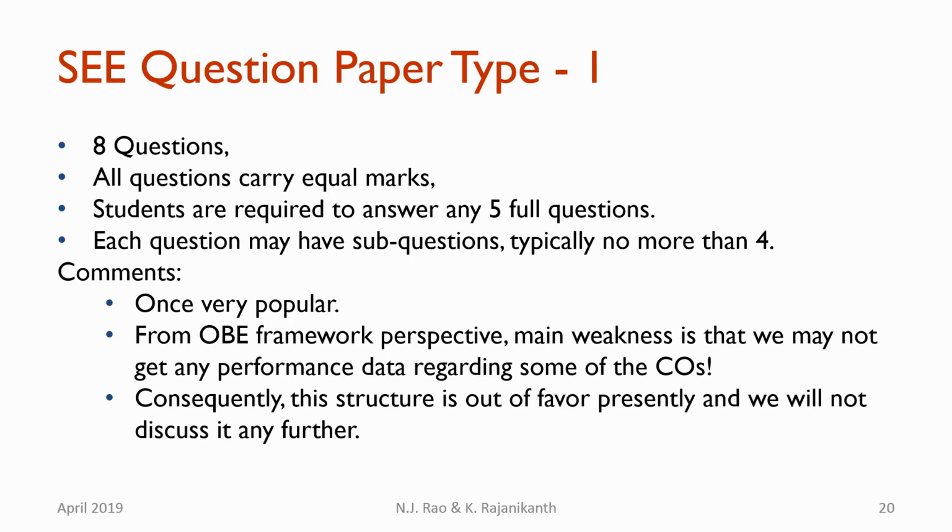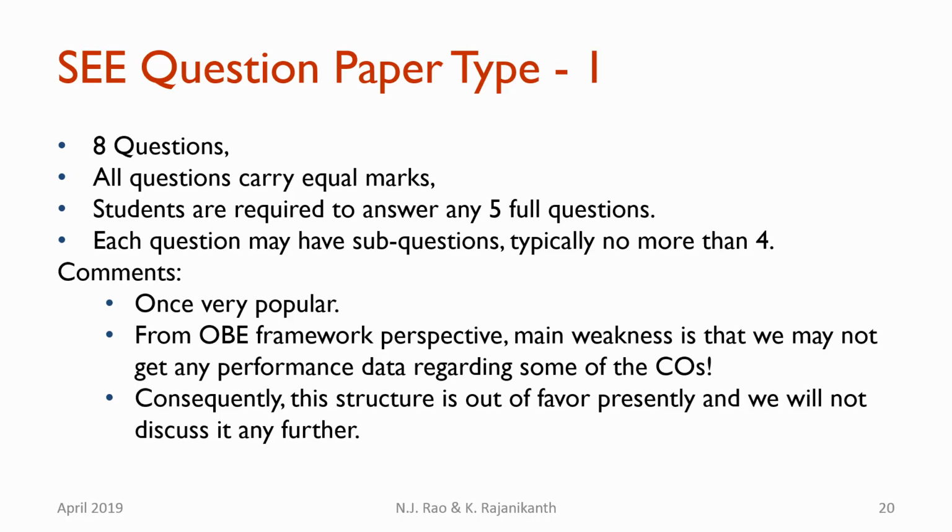Now, this kind of question paper structure was once very popular, but today it is really not favored by any institute, because from the OBE framework perspective, the weakness is that we may not get any performance data regarding some of the COs, particularly COs related to the later portion may be skipped by the student and sometimes even by the teacher.